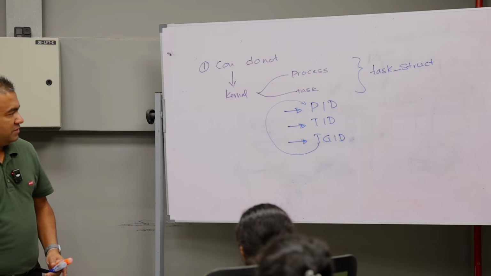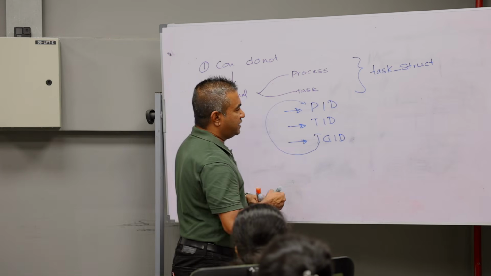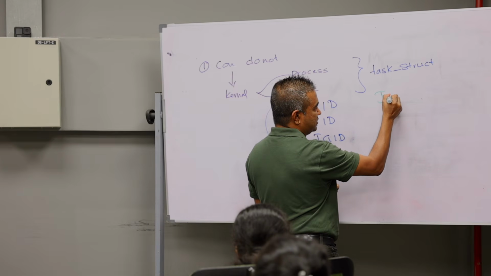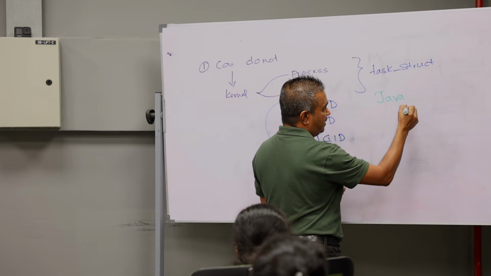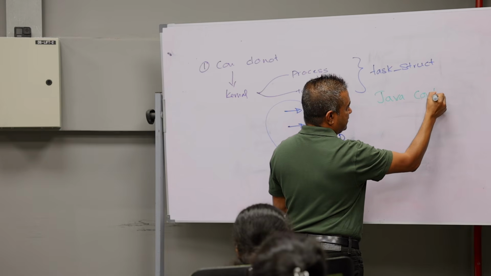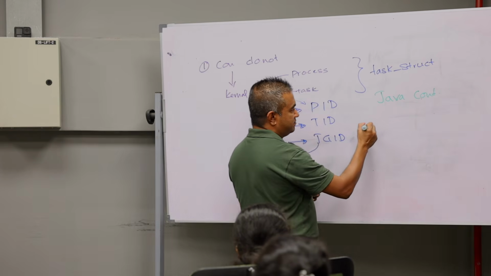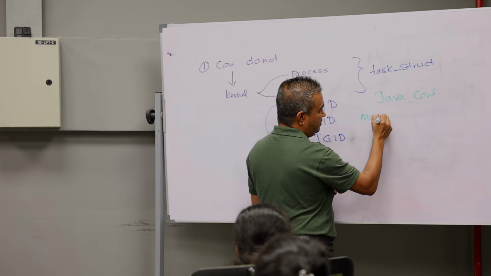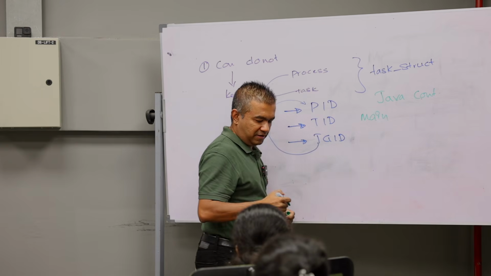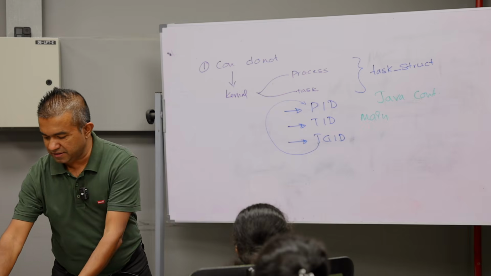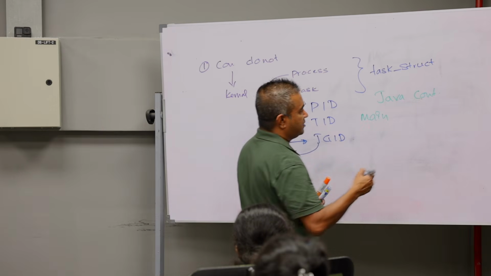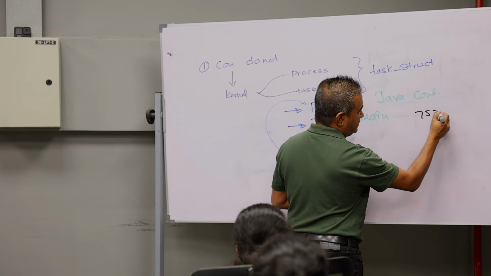Let's take an example. Java is easy to explain this. You have a Java container, and then you have the main thread. Let's say the main thread is 7530.